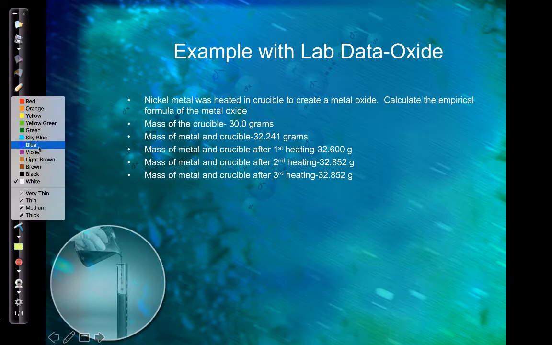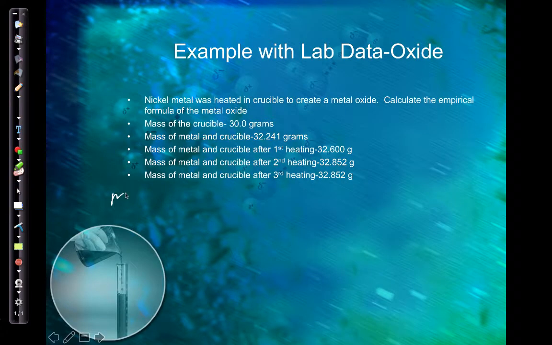So you need to get two things here. You want to get the mass of the metal. And then I also need to get the mass of the oxygen. Once I do that, then it's like everything else I've ever done. So the mass of the crucible, and then I have the mass of the crucible with just the metal.